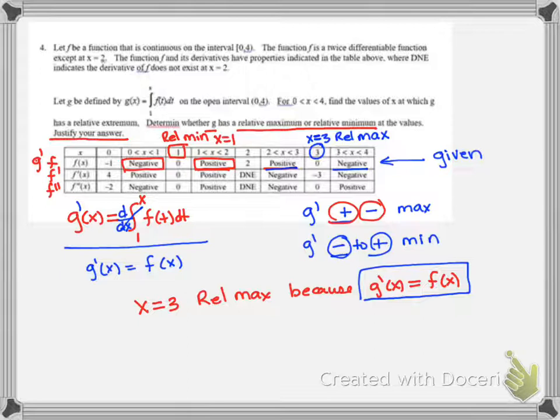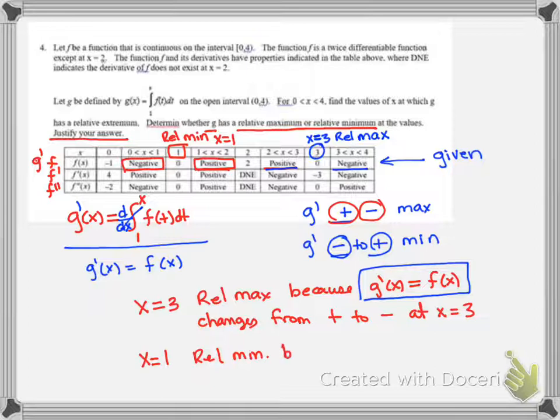Then you could say because g prime equals f of x changes from positive to negative at x equals 3. And of course at x equals 1, we would have a relative min.